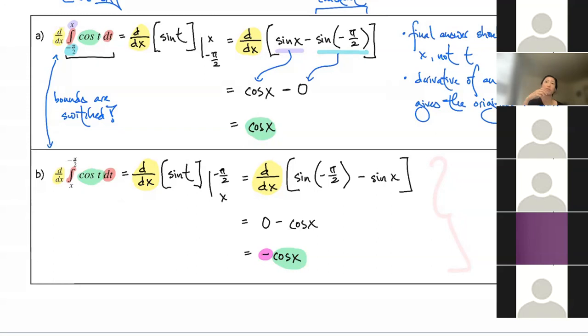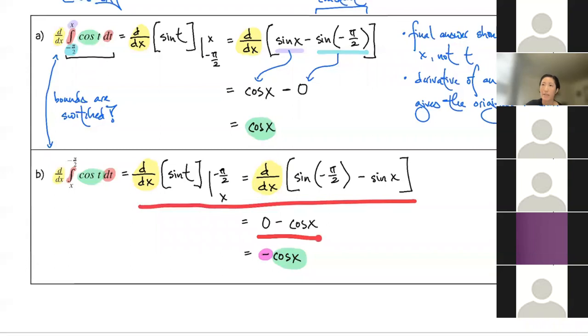Okay, because we switched the bounds, that's one way to look at it, but how did it pop out to be negative from the work that we've shown here? All right. I argue that we could see it also from our steps here that we're going to get a negative.